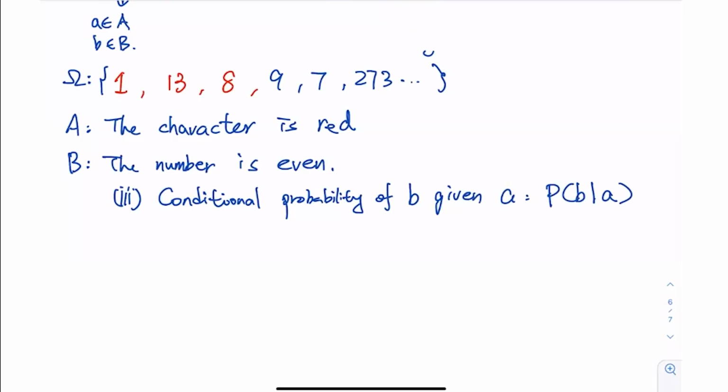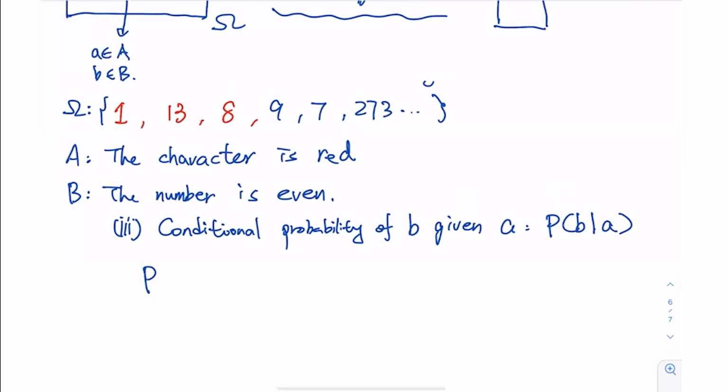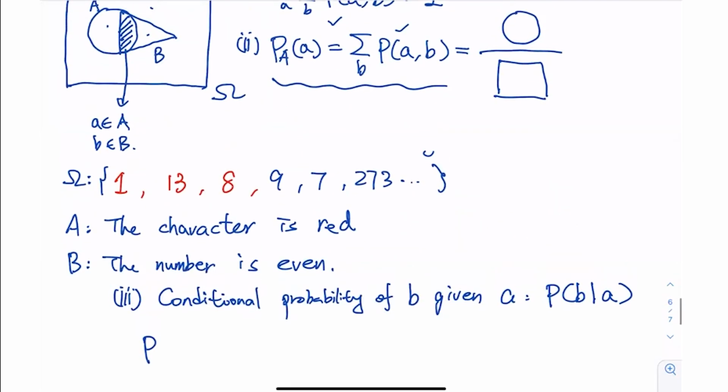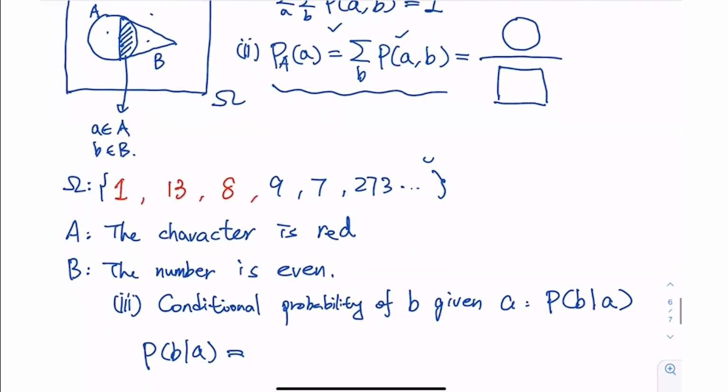Okay, and from the diagram, it is relatively easy to develop some intuitive understanding. The probability of B given condition A can be understood by this diagram.